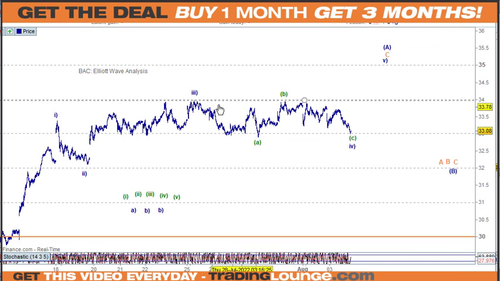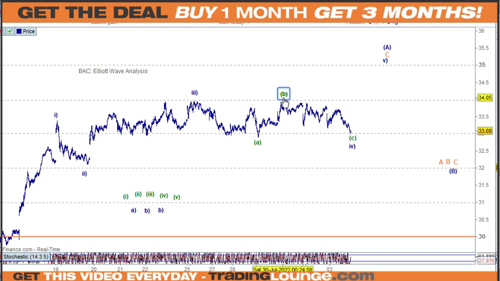And the banking sector is looking pretty ugly across here for BAC. The best fit that I can see here is an A wave. I was looking for an impulse wave up through here as 1, 2, 3, 4 and 5. We just didn't get it. We just got stuck with 3 waves.